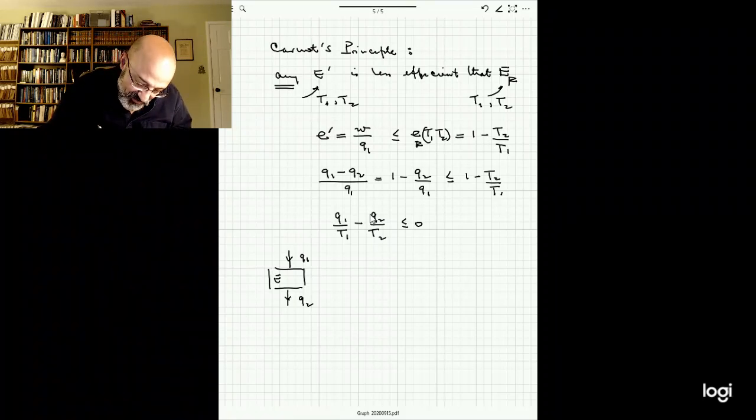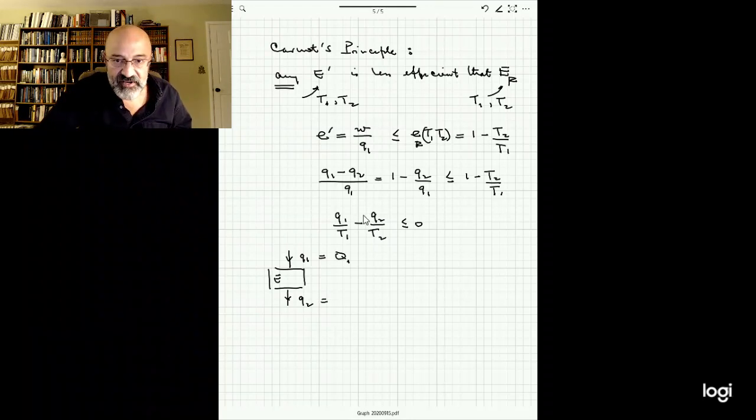It is convenient to write this in terms of heat flowing into the engine, so that this guy, we're going to write it as positive heat Q. The little Q's are positive when this is going in and that one is going out. The big Q's are positive when they're going in, negative when they're going out.